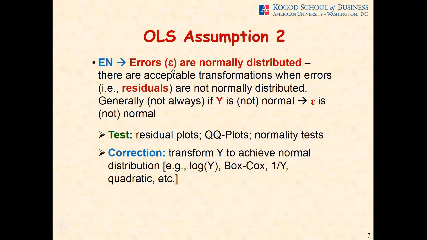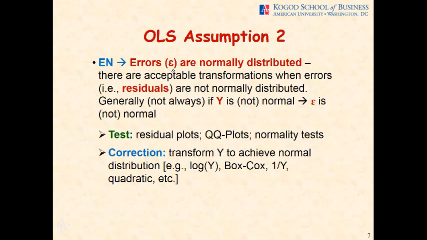Assumption 2, the errors have to be normally distributed. Many times we look at the response variable y, and if y is not normally distributed, chances are that the errors are also not normally distributed. So a quick test to see if the errors are normally distributed is just to look at the dependent variable y and do a QQ plot or a normal distribution graph and see if y is not normally distributed.